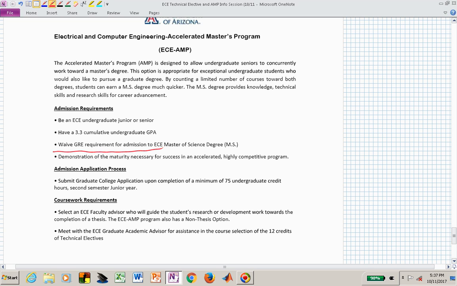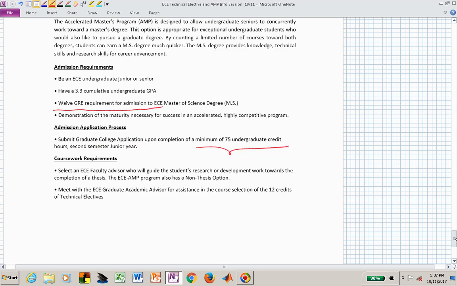You can apply when you're in a junior status. If you have 75 units, you can go ahead and apply. You can't start taking classes until you have senior status.